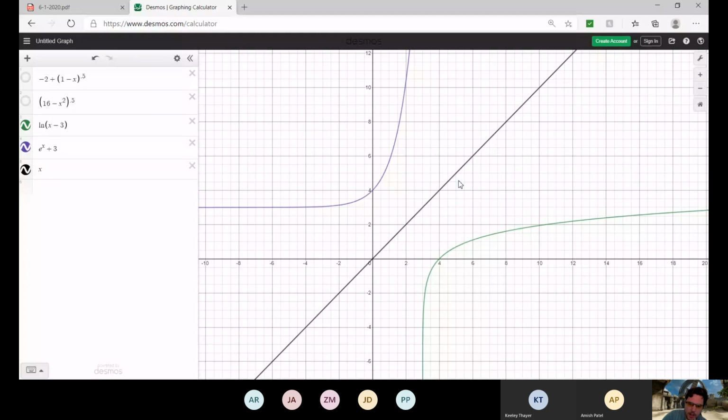This is the y equals x line right here. So the natural log of x minus 3 is the inverse of e to the x plus 3 because it's reflected across that line. Natural logs and logarithms are just inverses of exponential equations. Y'all went over that today, but figured I'd go over that again real quick.